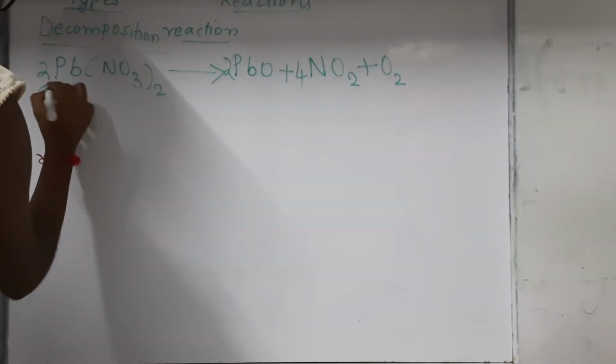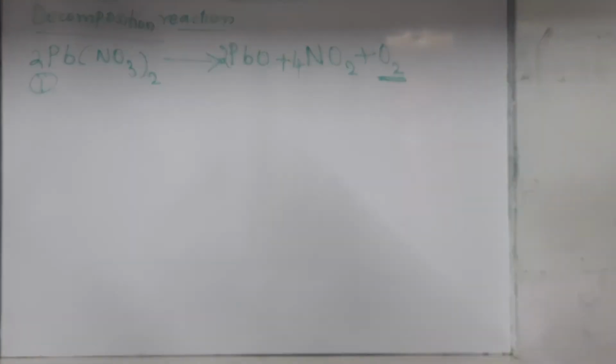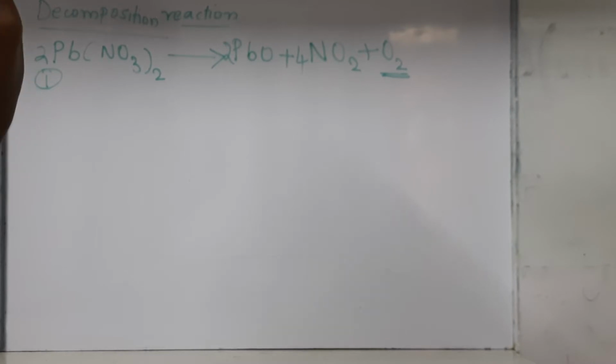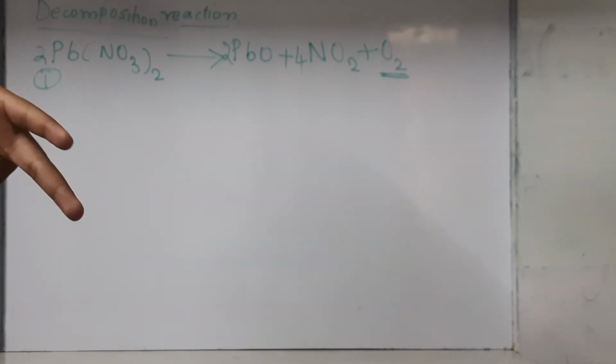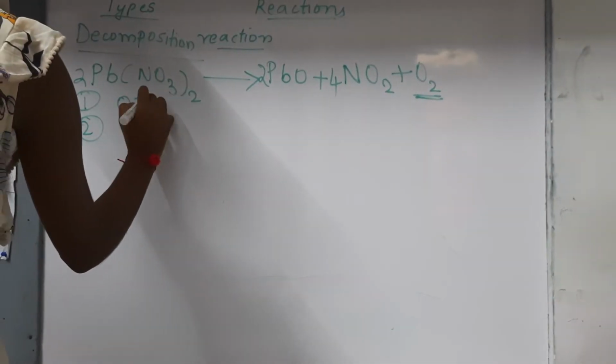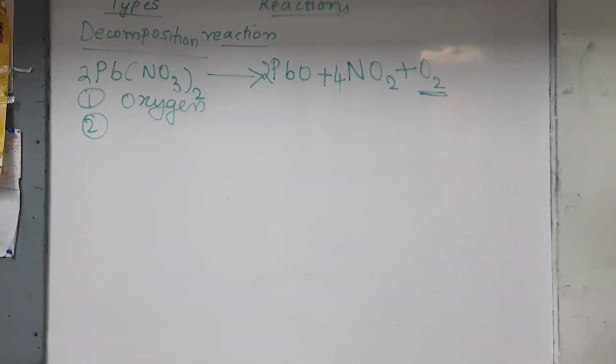First let us see about the O2. A colorless, odorless gas is liberated, which rekindles a glowing splinter when introduced into it. So the first observation is based on oxygen, and you have to tell the test for oxygen.